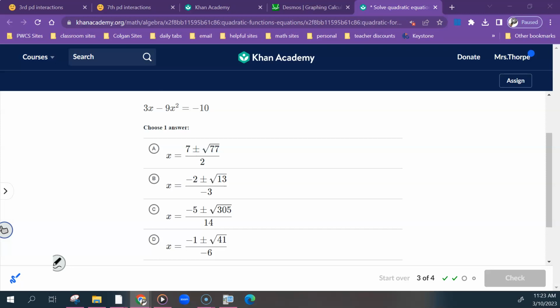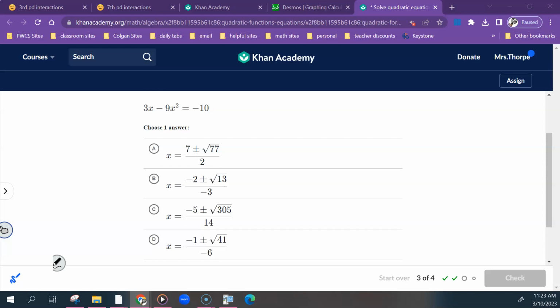What would we have to do to this negative 10? Right now it's not in the right format, so what do we do first? Move it. Move what?